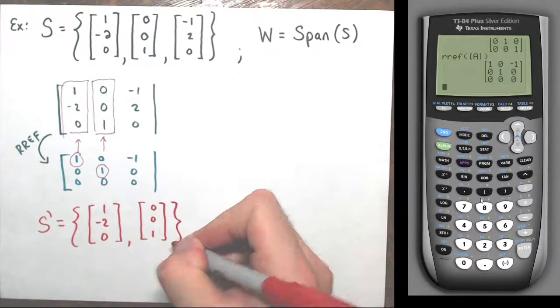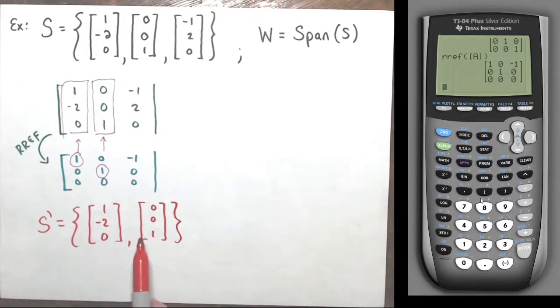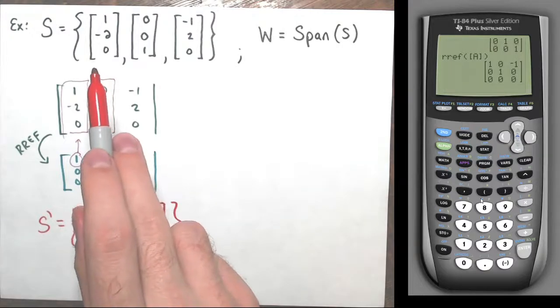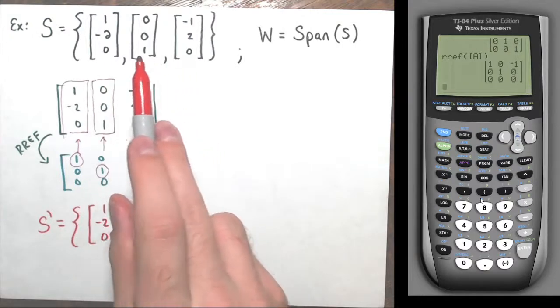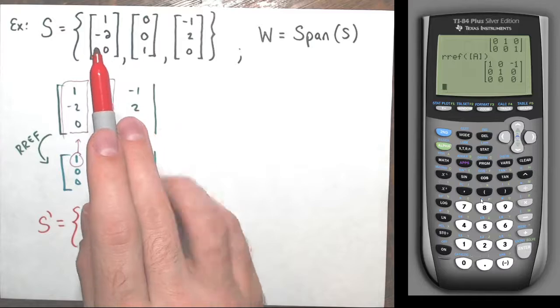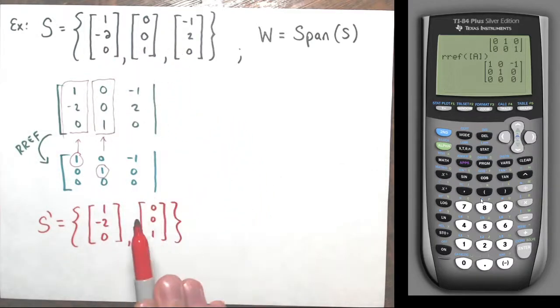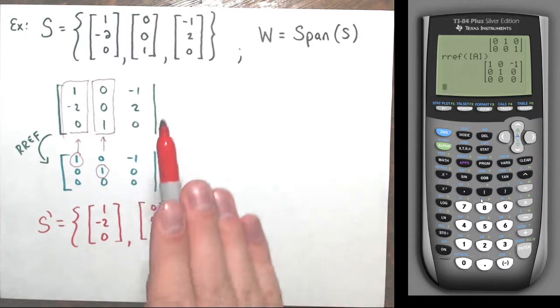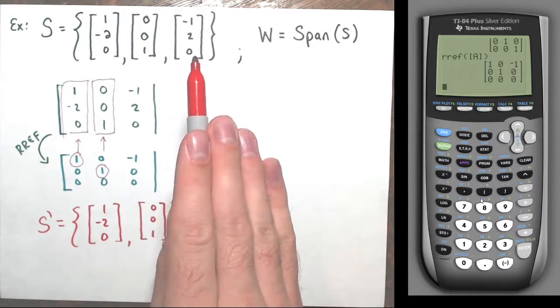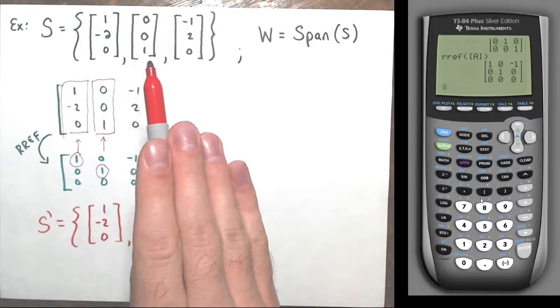This set, right? Every linear combination of these will give me the same thing as the linear combination of these three. Or you could say every linear combination of these three can be written as just a linear combination of these two, right? Because we should be able to express negative 1, 2, 0 as a linear combination of these two and then get rid of it.